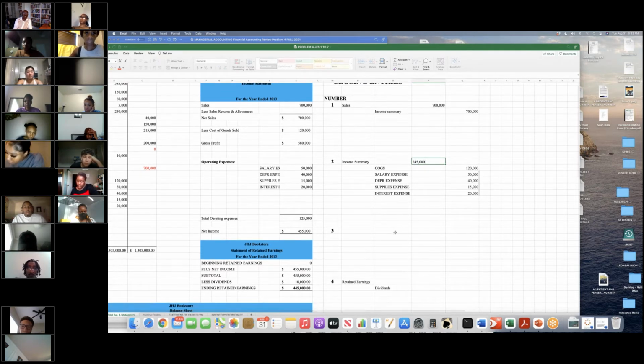And what's closing entry 3? Net income. I had stockholders equity. I didn't really know. Not an account. Income summary. Okay.